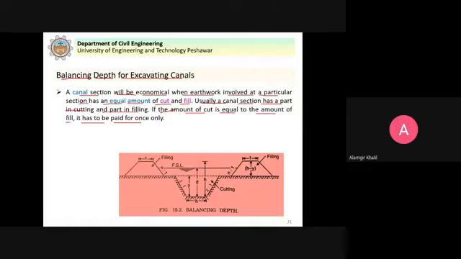If we have more cutting in the canal section, we have to dispose of the extra material, take it to another area, for example. So that's why a canal section will be economical when earthwork involved at a particular section has equal amounts of both cut and fill.